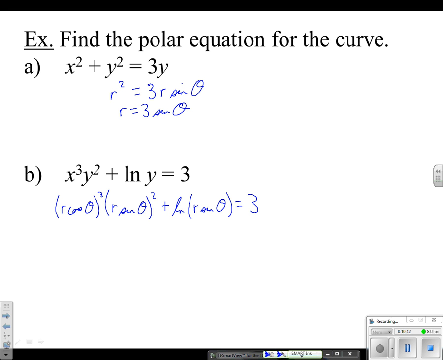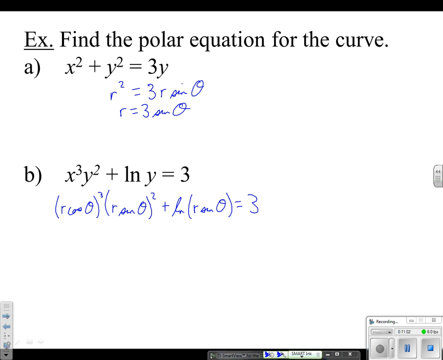Now, going the other direction is tricky because when we go from Cartesian to polar, if I give you a bunch of x's, worst comes to worst, the x turns into r cosine theta and the y turns into r sine theta. But in those equations, we didn't have anything that said r equals or theta equals.